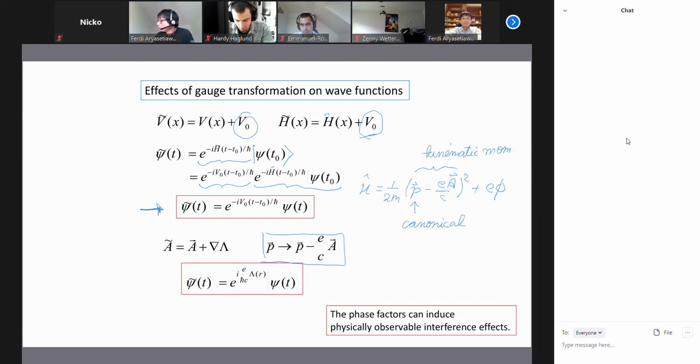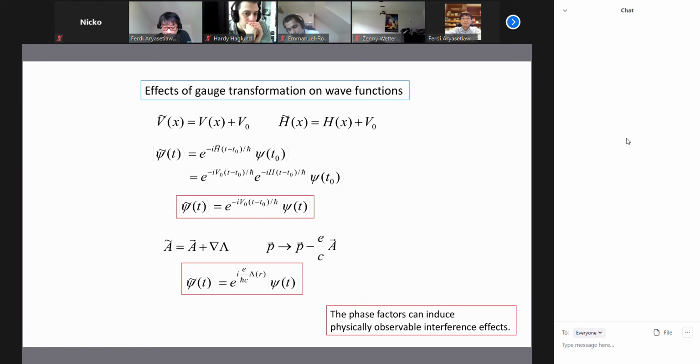So we want to see how the wave functions change under these gauge transformations, and the result is given here, and we will work it out. Again, it will be just a phase factor times the wave function without the gauge. So let's see what we can do here.